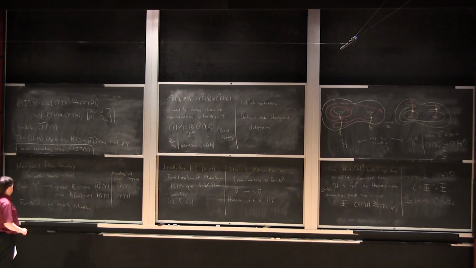For this, I think I need to work over mod 2 coefficients, or at least they've only done it over mod 2 coefficients. Francesco is maybe here. What about in Seiberg-Witten? In Seiberg-Witten, you could do this over Z, right? Okay, so it's an artifact of the fact that if you want the naturality, there's an up to sign issue, I guess, if you're working over Z that's not being understood as well here as in Seiberg-Witten.